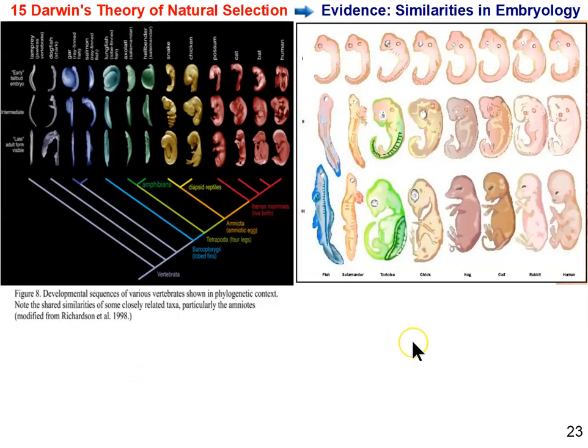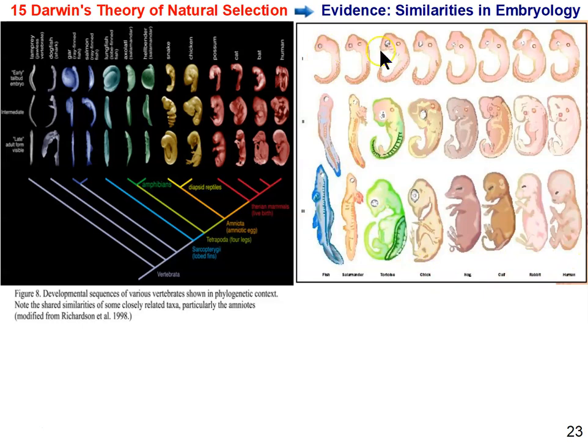This shows how we can use embryology, in other words, the development of an embryo and a fetus into a new individual, and make comparisons between embryonic development between different species to show how closely related they are. In this figure, we've got a fish, a salamander, a reptile, a bird, and then 4 different kinds of mammals.